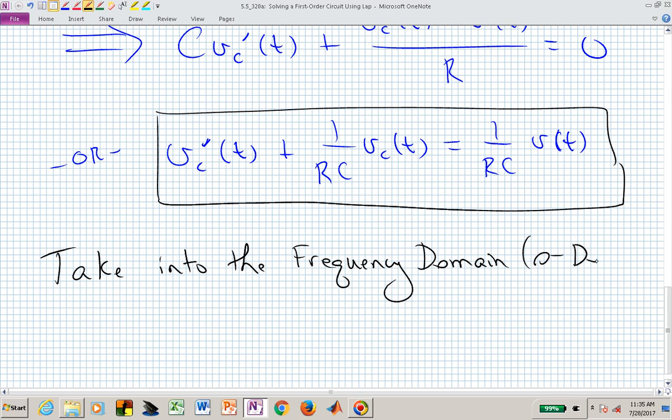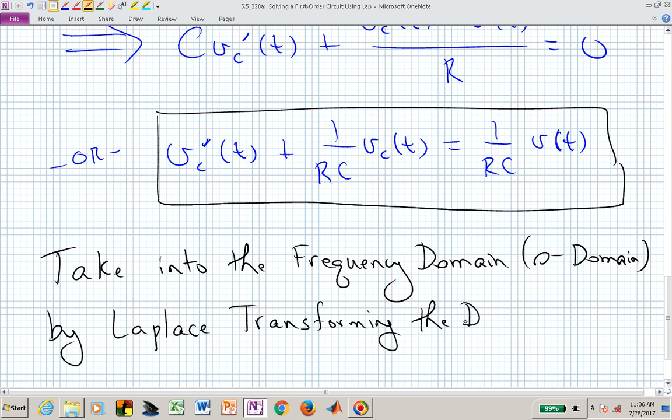Let's now move into the s domain, same difference, by Laplace transforming the differential equation.